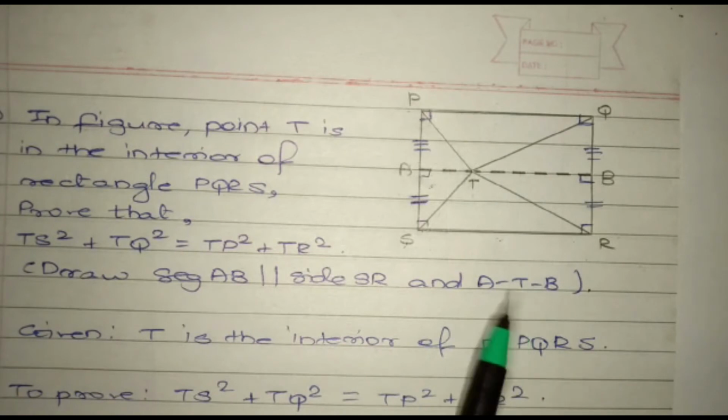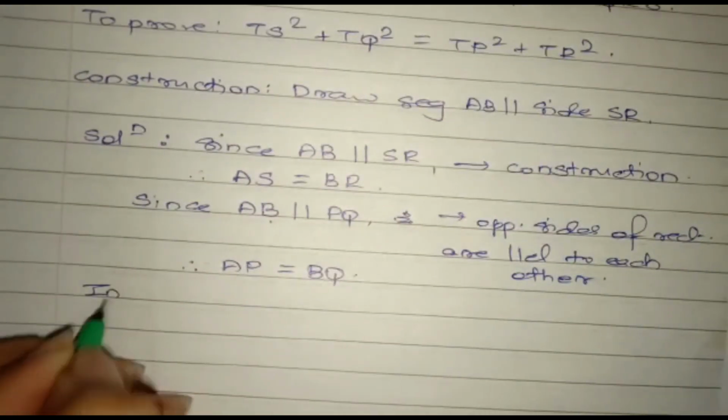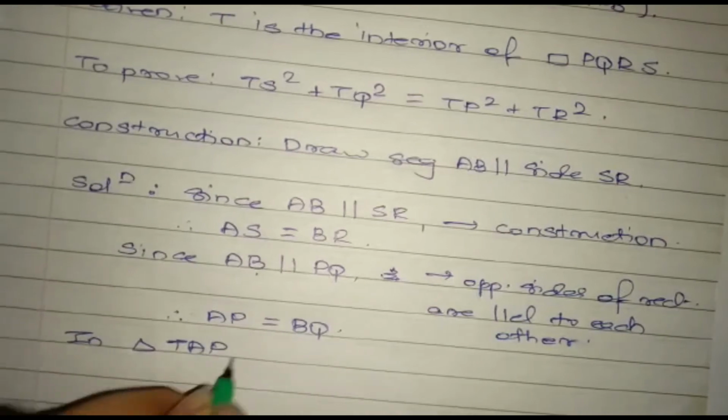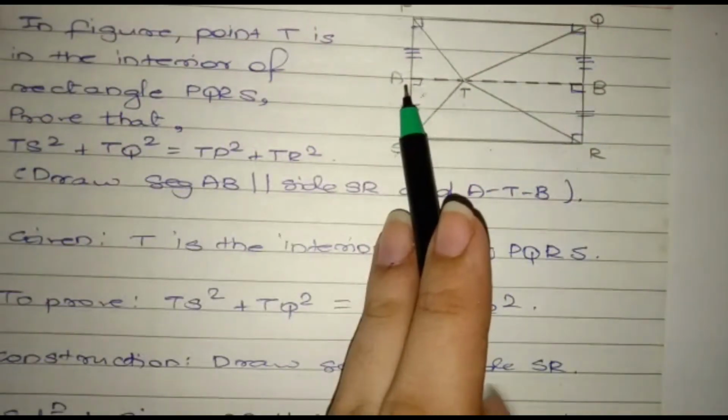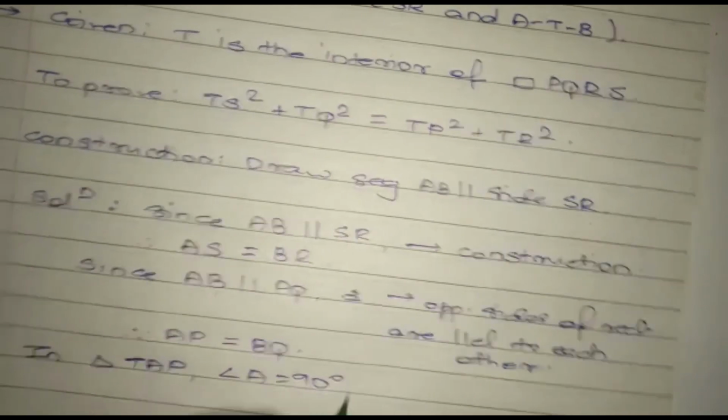First let us write the Pythagoras theorem. First we will consider triangle TAP. In triangle TAP, angle A is equal to 90 degrees.